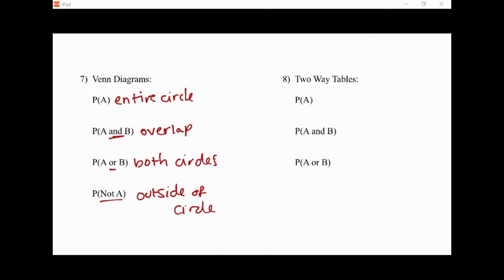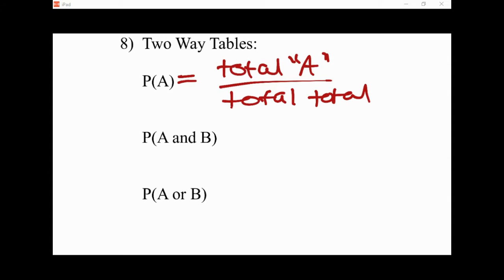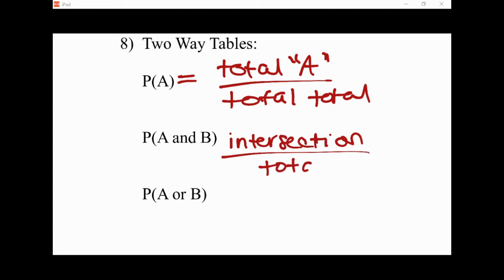Two-way tables. If it's just a thing, it would be the total of whatever A is over the total, which sounds redundant, but anyway. If it's and, it's the intersection, so where they run into each other on the table, over the total.